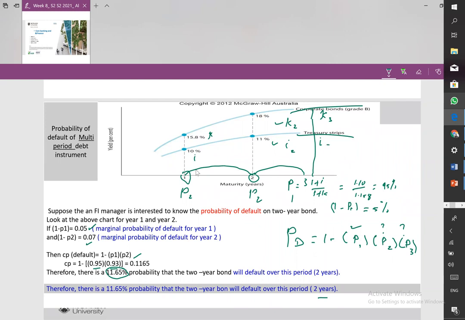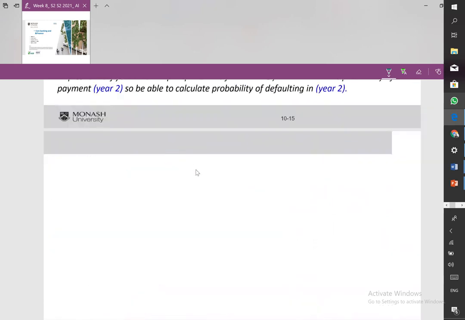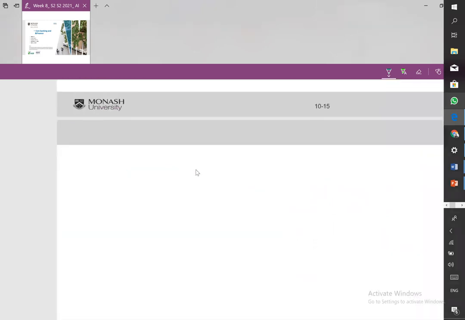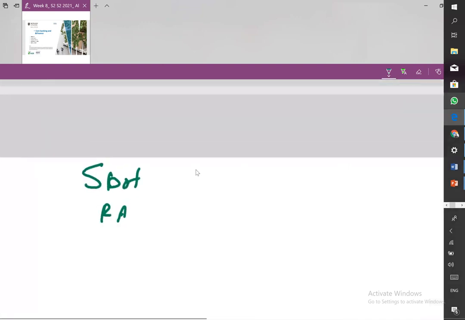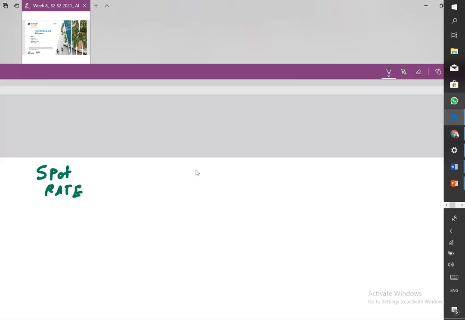And then, as I told you, I can calculate the probability of defaulting over the 3 years, no problem. So the way we do it, there is an assumption. And the assumption is there is something called spot rate. Now, the spot rates are offered in the market. If you are an investor, there is something called spot rate, and something called forward rates.